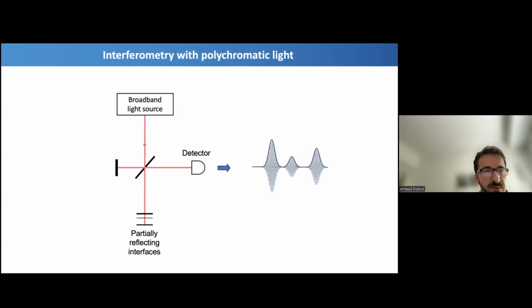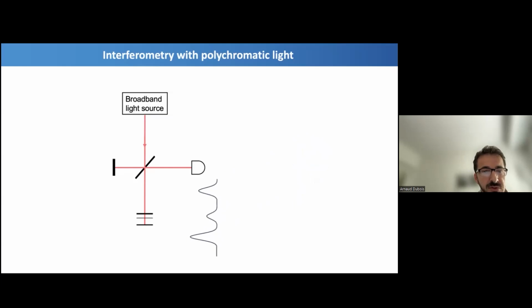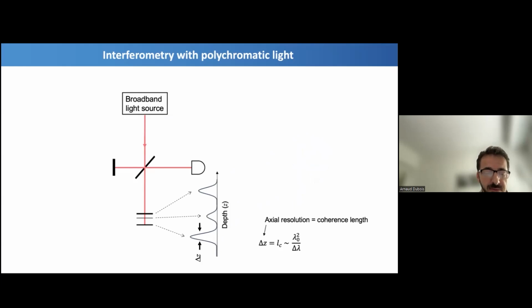So the envelope of the fringes gives the 3 peaks, and the positions of these peaks correspond to the positions of the reflecting interfaces. So this is how we can detect optical echoes from in-depth structures using interferometry with broadband light. This is how optical echoes are measured in optical coherence tomography, OCT.